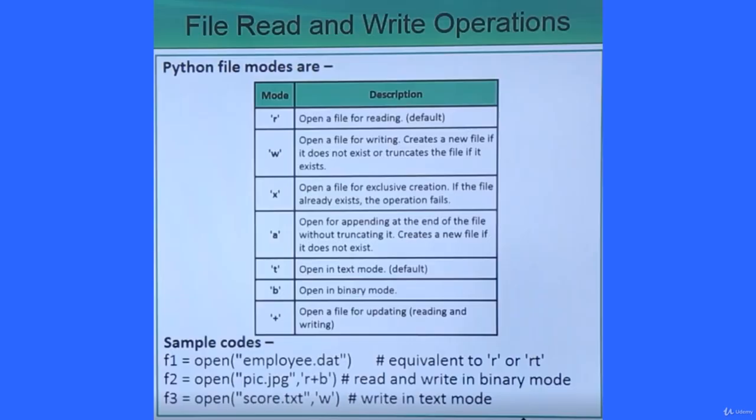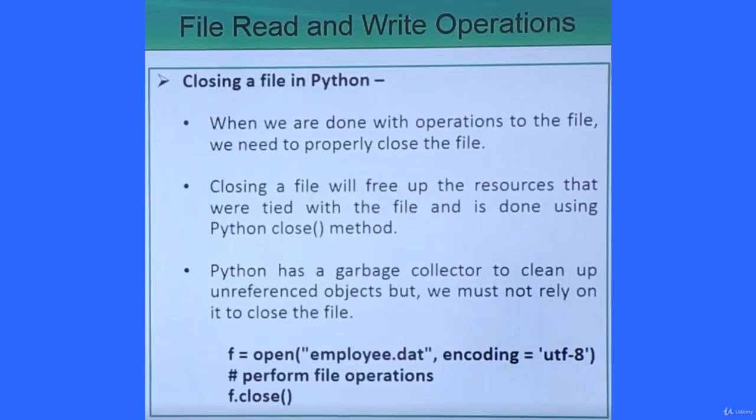And what is the b? b is the binary mode, that is read and write in the binary mode. Next one is f3, open score.txt in w mode, that is write in the text mode. In this way, we have given some sample code to show you how these modes can be used while opening a file.